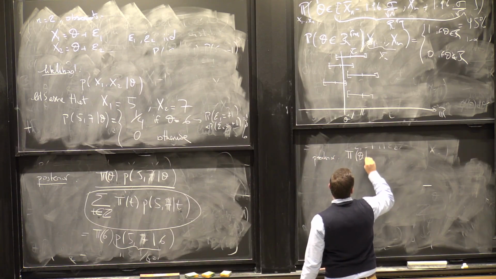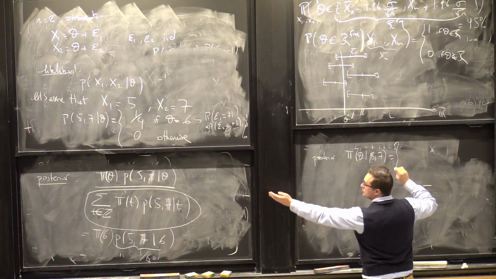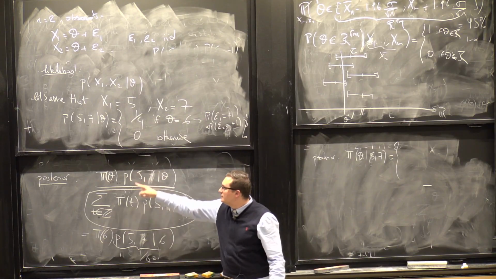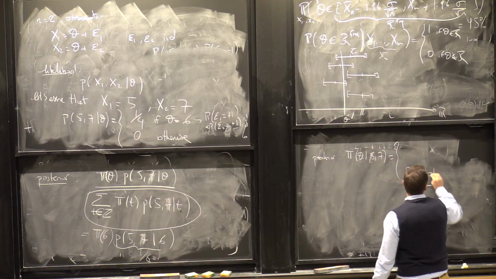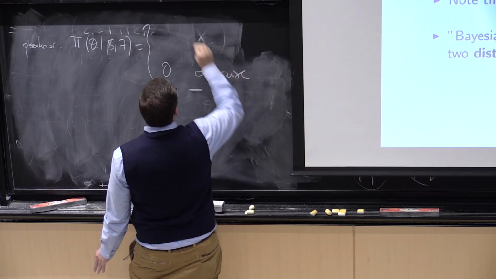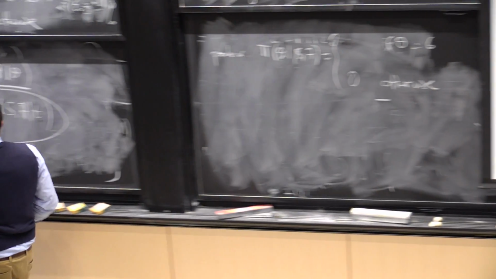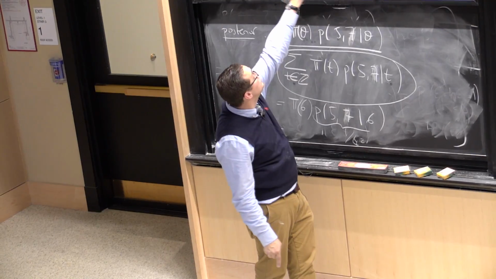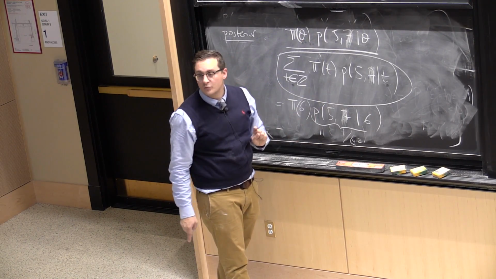pi of theta given 5 and 7 is equal to, well, when theta is not equal to 6, this is actually 0. So regardless of what I do here, I get 0. And if theta is equal to 6, what I get is pi of 6 times p of 5, 7 given 6, which I've just computed is 1/4, divided by pi of 6 times 1/4.